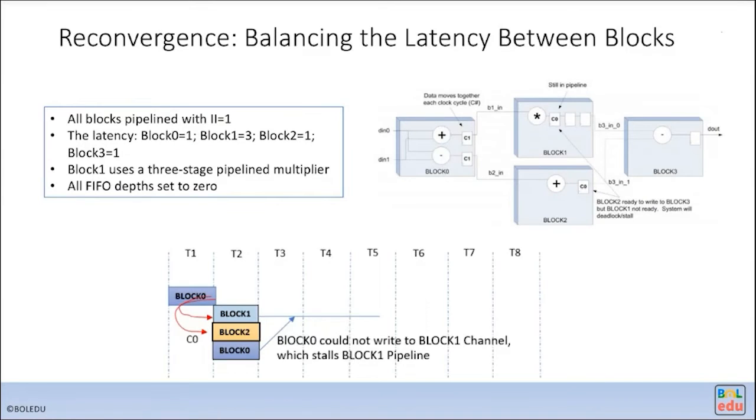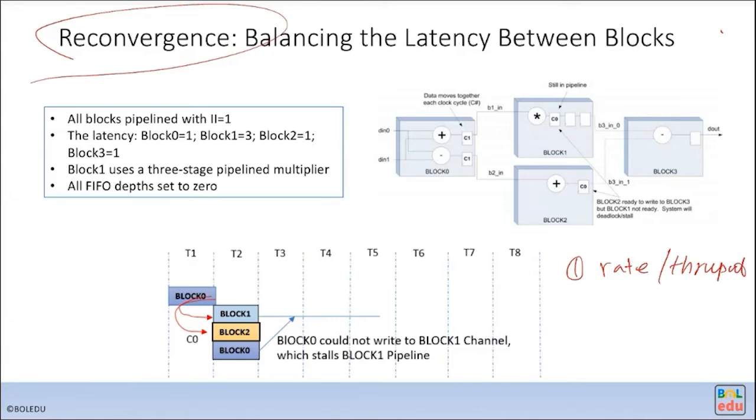Let's talk about reconvergence. As I said, when you compose multiple modules, first you have two things: one is the rate, or throughput, of each task, and second is the latency.